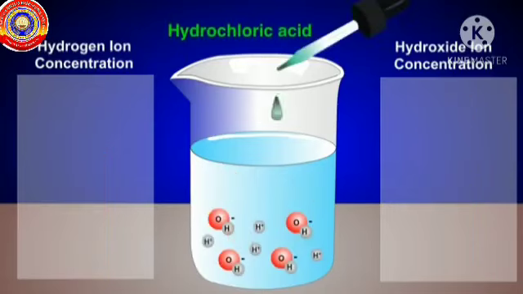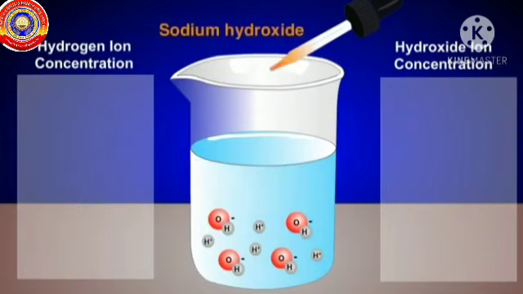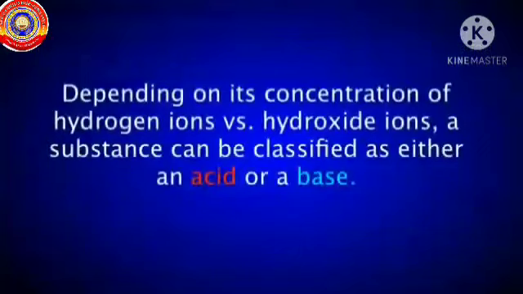For example, suppose we add a little dilute hydrochloric acid to water, what happens to the amount of H+ ions? The amount of H+ ions increases, right? So the water shows an acidic character. What happens if a little alkali is added? The water will show an alkaline character due to the presence of OH- ions, right?